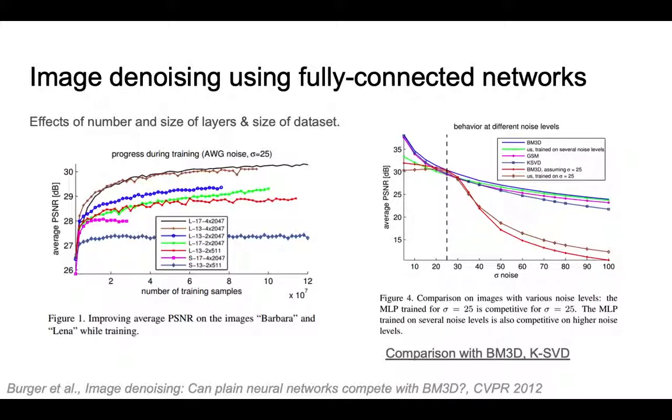They take overlapping patches. They basically swipe through the image with the patch size, and then they put the outputs in the patch, overlapping them and averaging.